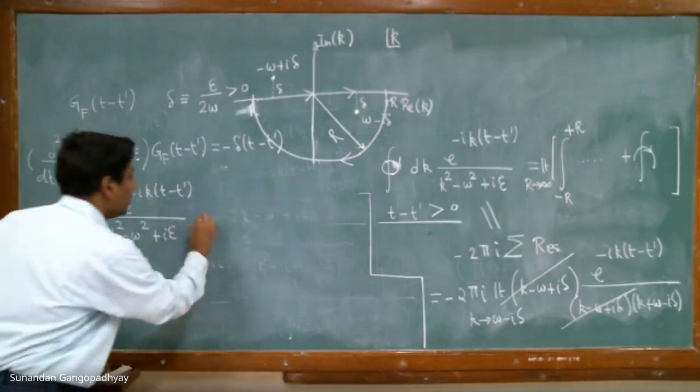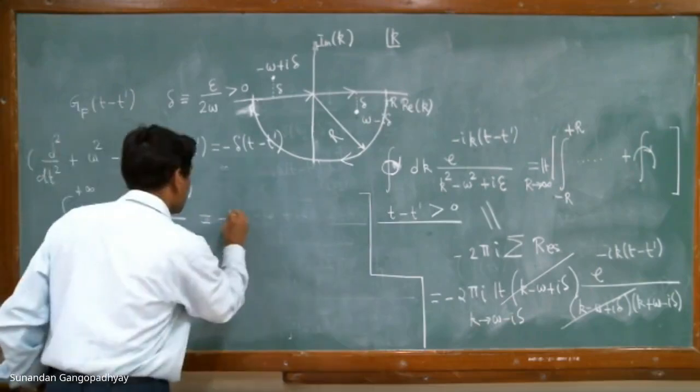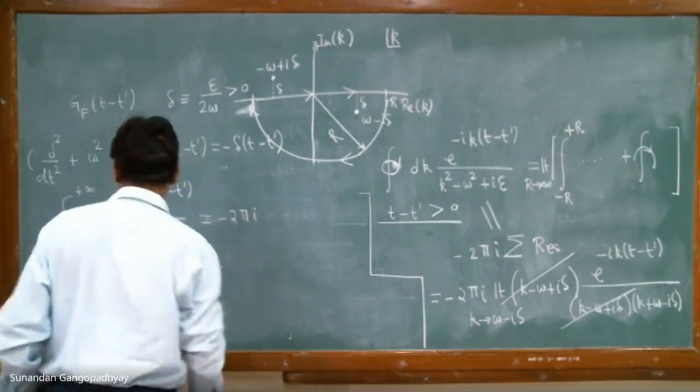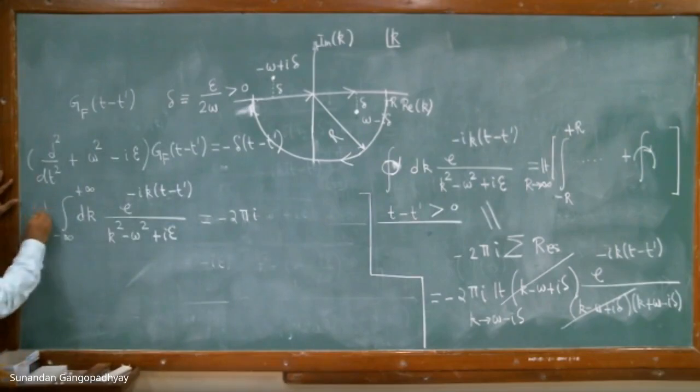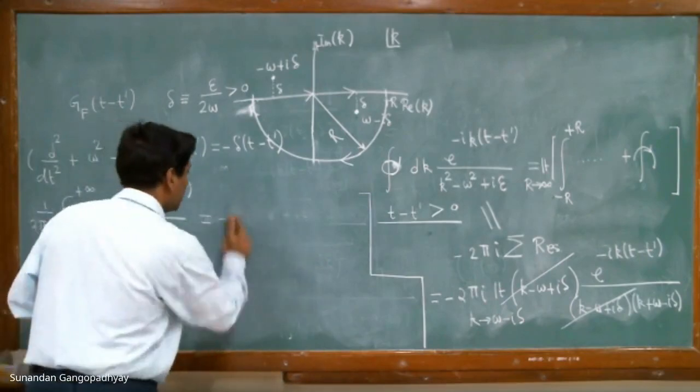This thing is basically equal to minus 2 pi I. You also remember that you have a 1 by 2 pi outside. So this 1 by 2 pi and this 1 by 2 pi will cancel and give us a minus I.